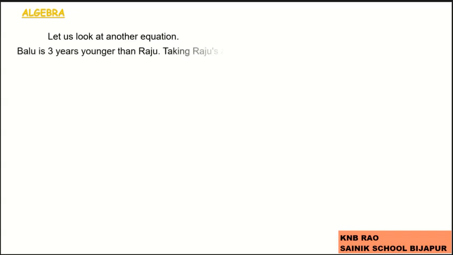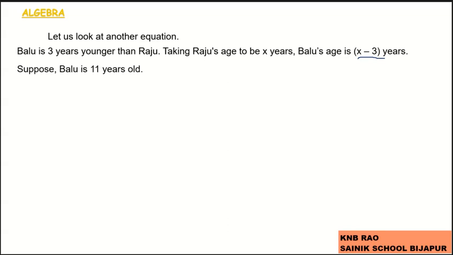Now, Balu is 3 years younger than Raju. Taking Raju's age to be x years, Balu's age becomes x minus 3 years. Suppose Balu is 11 years old.